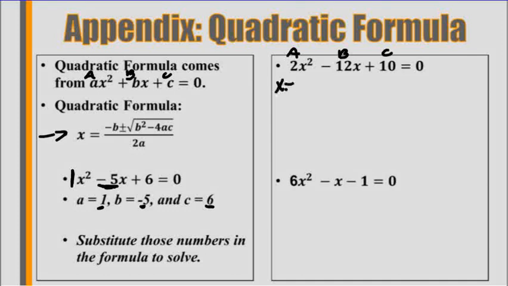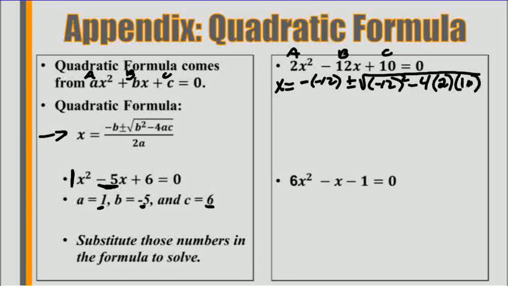So I have x equaling the opposite of b, which is -12, plus or minus the square root of our b, -12, squared, minus 4 times our a, which is 2, times our c, which is 10, divided by 2 times our a, which is 2.